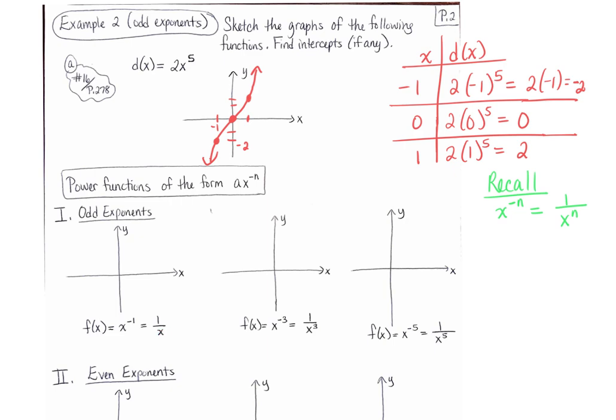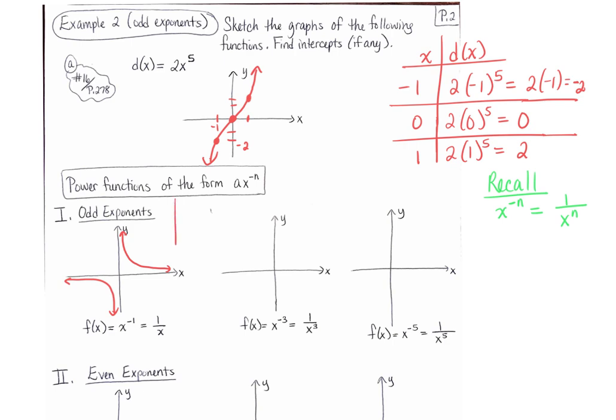You can plot points if you would like, but the general graph of 1 over x is this. It will not touch the x-axis either. That's the graph of 1 over x.